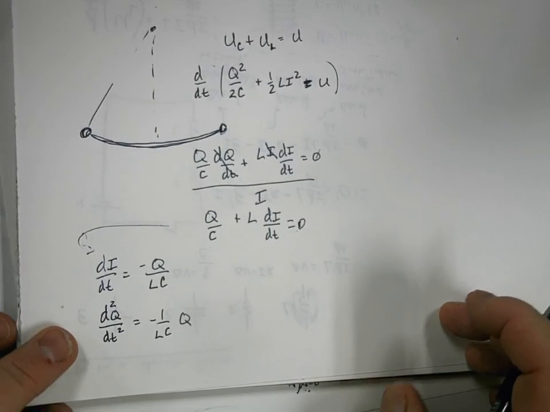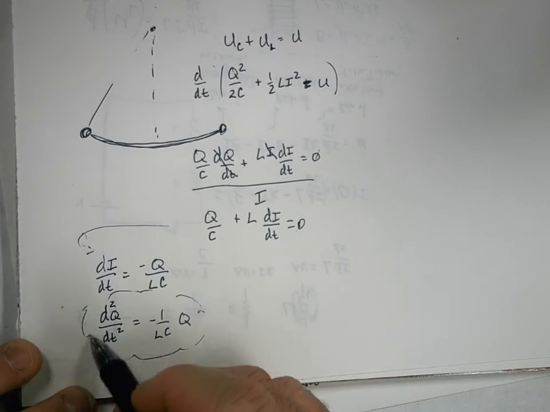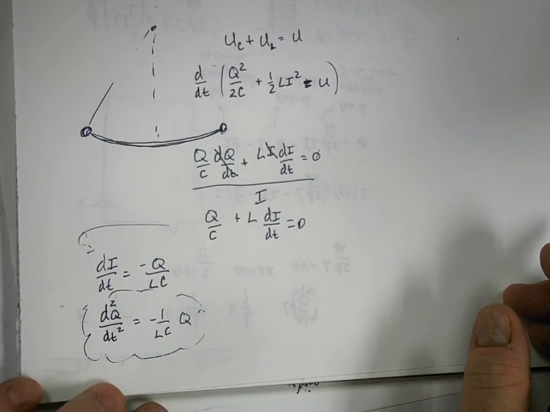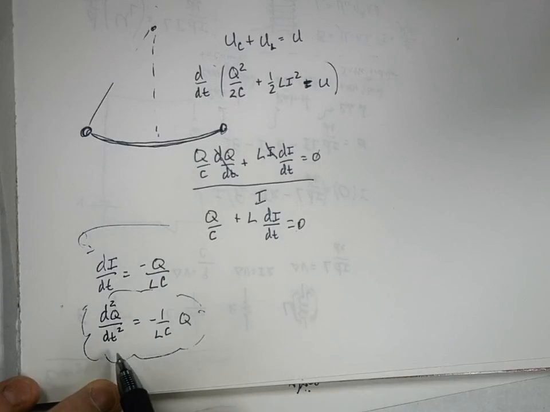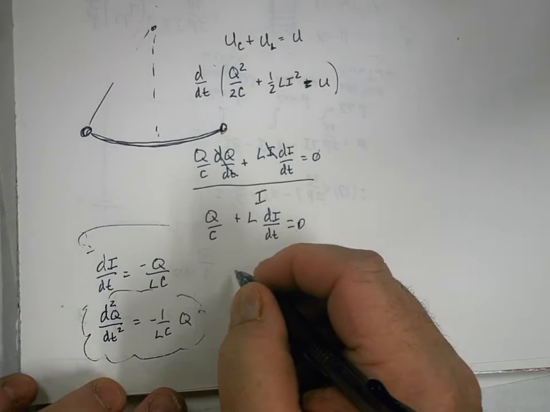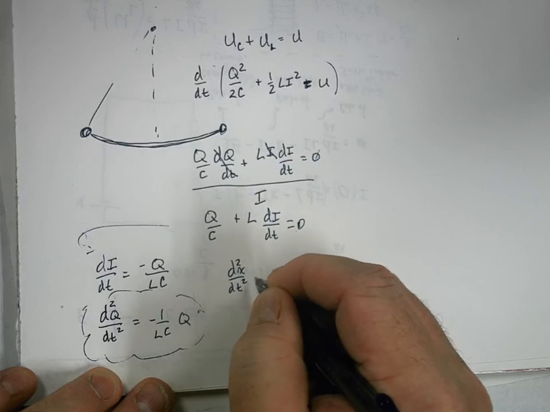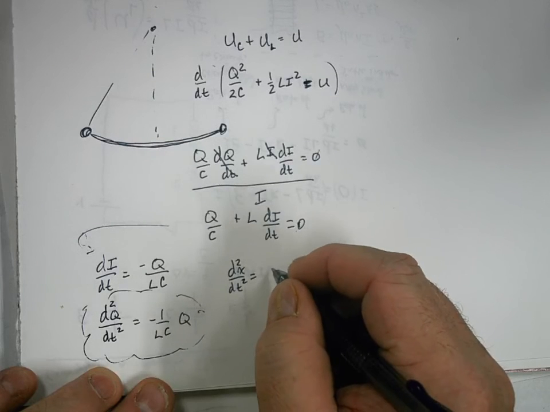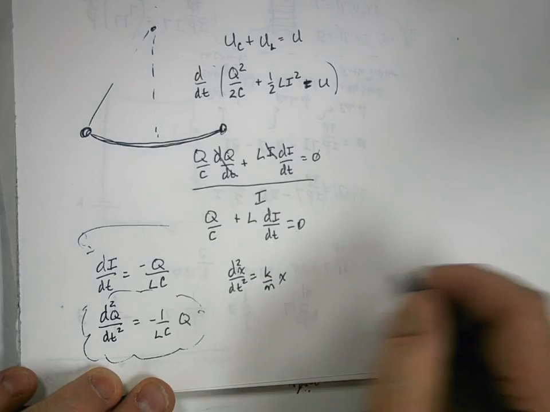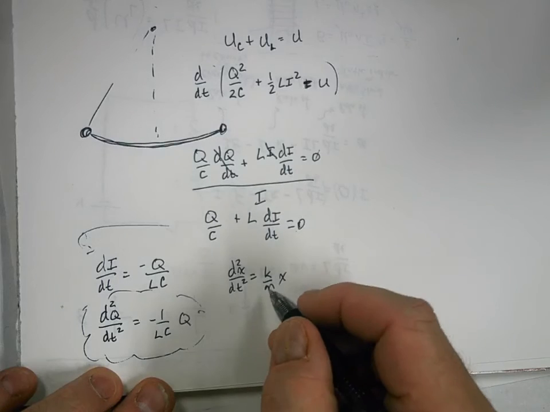Uh-oh. This we have seen before. We have seen this before. We have seen this with oscillations. Remember that? With springs? Okay, or g over L for a pendulum?